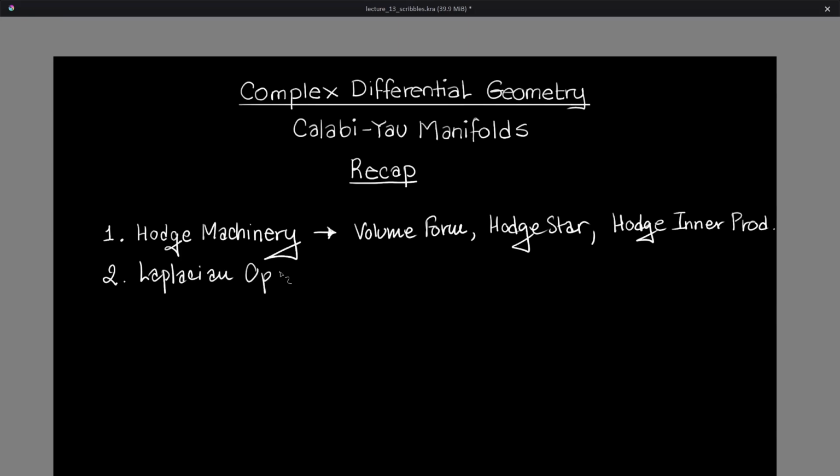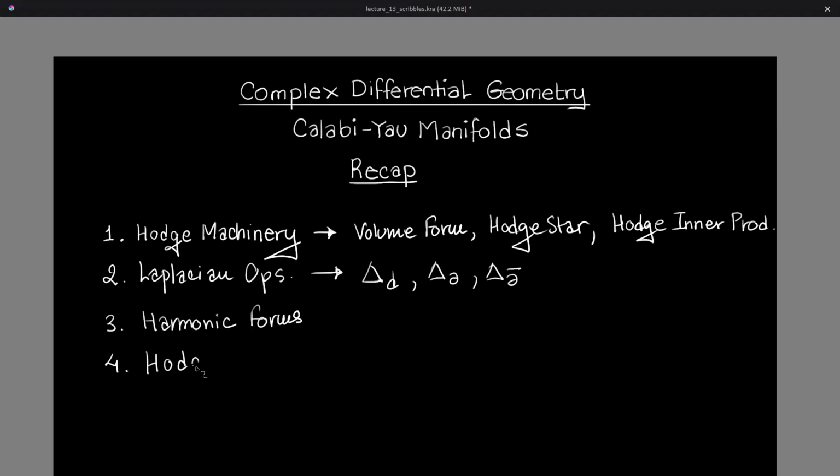operators, which were delta D, delta partial, and delta partial bar. We used that to define harmonic forms. And once we had all of that, we were able to state the Hodge theorem, which had three substatements.